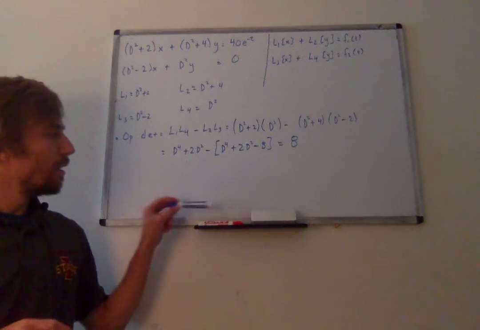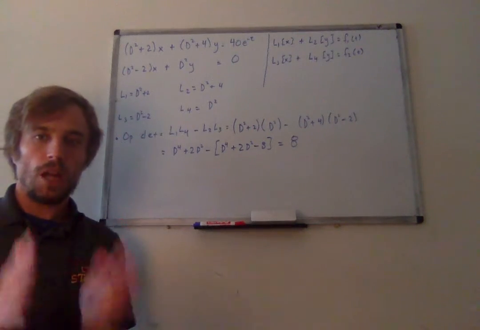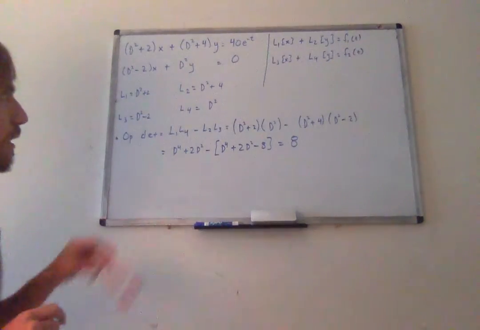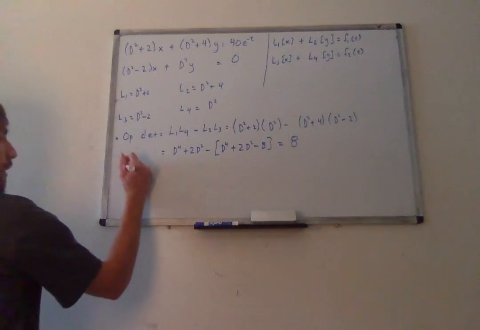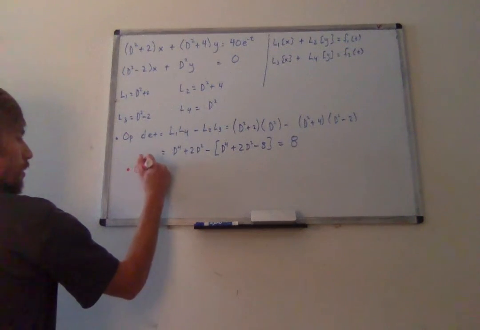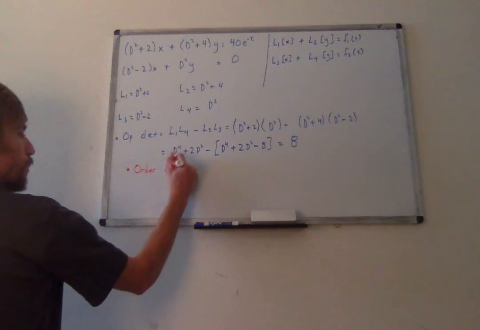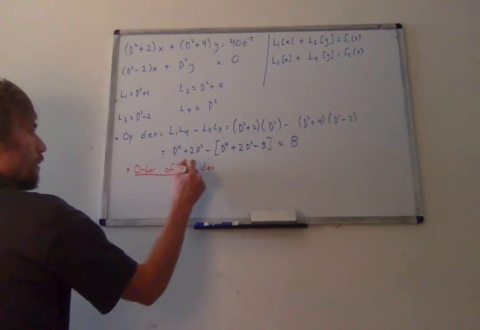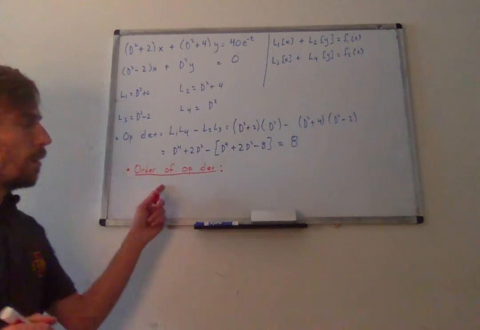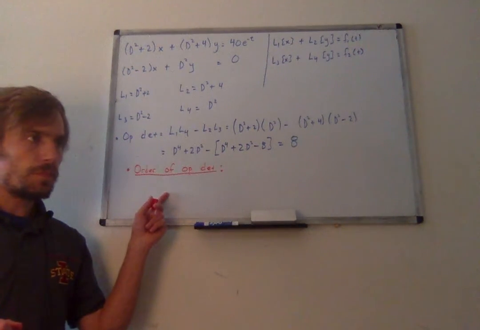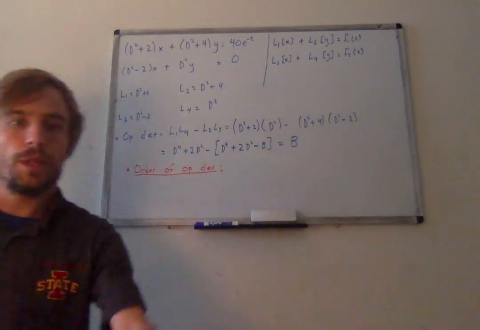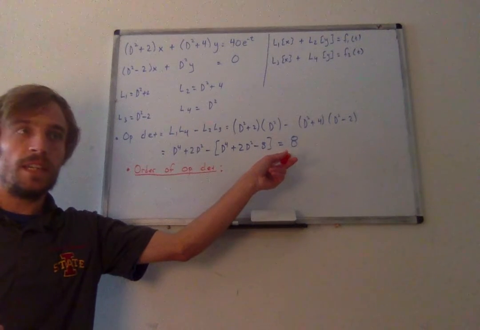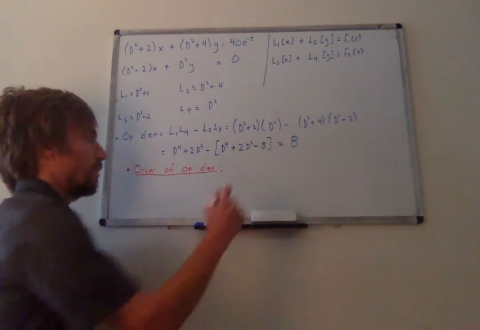All right, so the operational determinant is equal to 8. What does that tell us? Well, the order of the operational determinant is the highest power of d that appears in the polynomial, which here, the highest power of d that appears in the polynomial 8 is just 0.